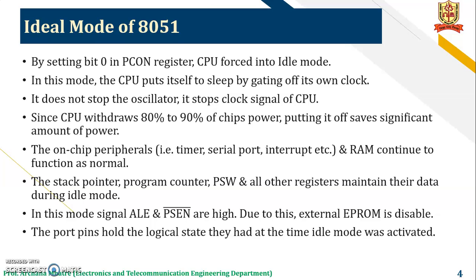The stack pointer, program counter, PSW and all other registers maintain their data during idle mode. In this mode, the signals ALE and PSEN bar are high. Due to this, the external EPROM is disabled. The port pins hold the logical state they had at the time idle mode was activated.